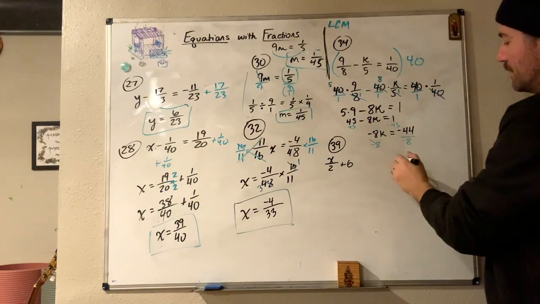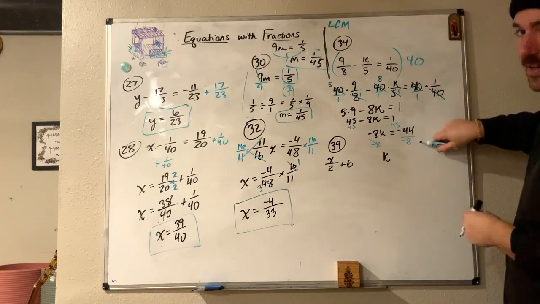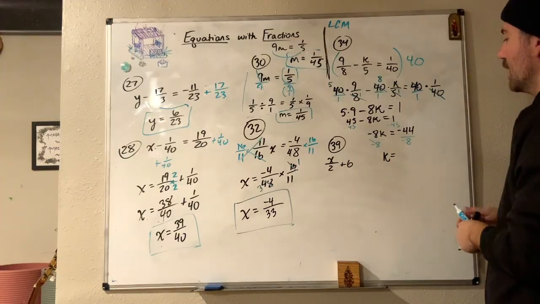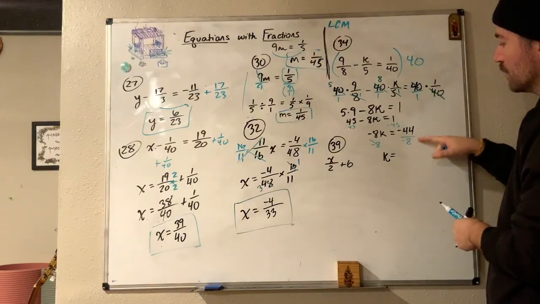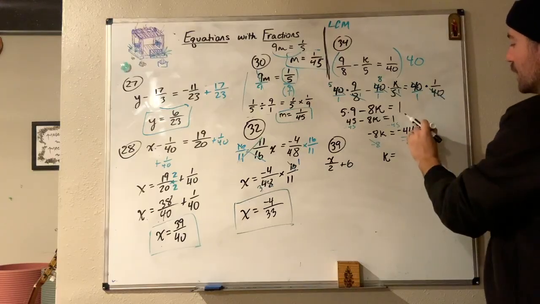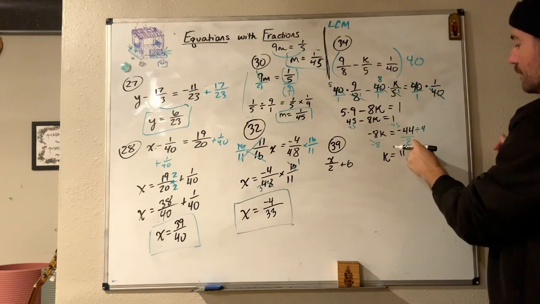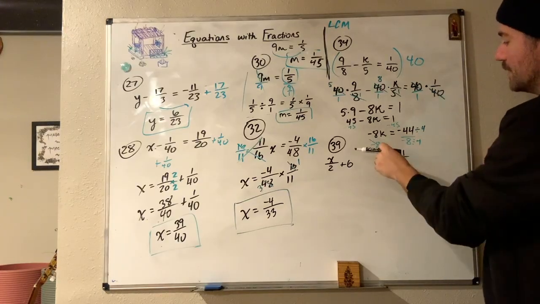We just have to simplify this fraction. I'm left with the k. I have a negative divided by a negative, so that will become positive. Those will cancel. And then 44 isn't directly divisible by 8, but they're both divisible by 4. I can divide 44 by 4, that will give me 11, and 8 by 4 will give me a 2, so k equals 11 halves.